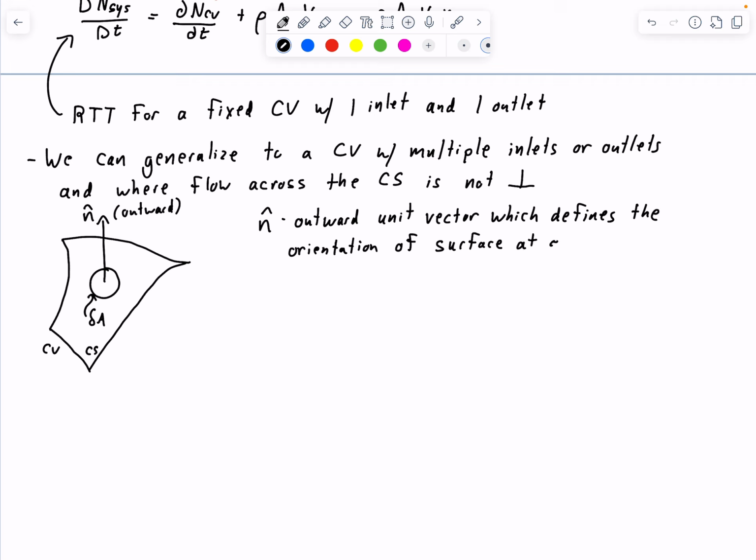And each point on the surface has this unit vector pointing outwards, defining its orientation.